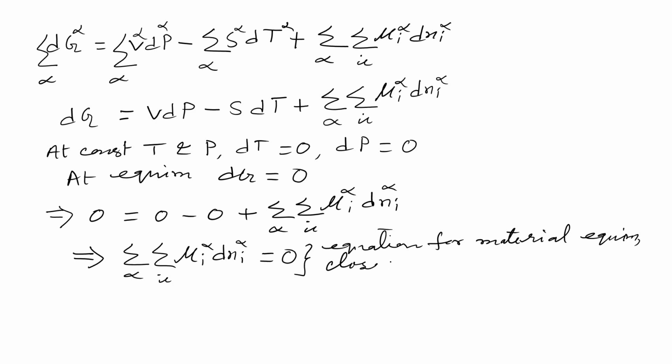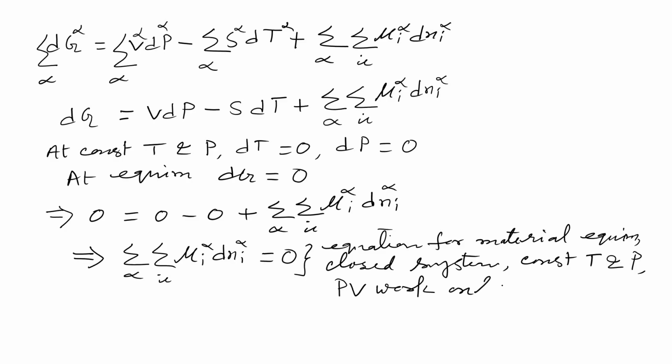Closed system, constant temperature and pressure, and of course PV work only. When we derived the parent equation, we considered only pressure-volume work, PV work only.